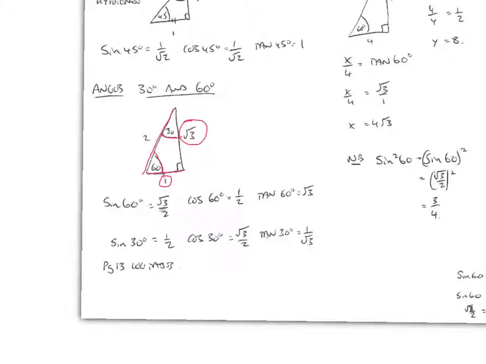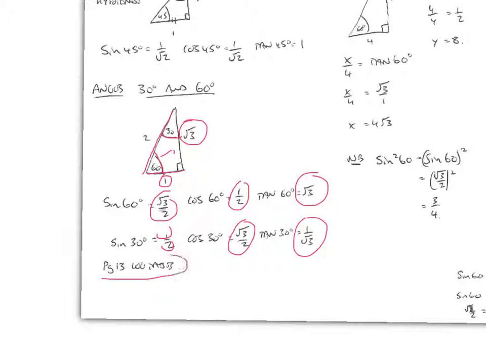And from this triangle, we can see that the sine of 60 is equal to the opposite over the hypotenuse, root 3 over 2. Cos of 60 is a half, tan of 60 is root 3. And the sine of 30 then is its opposite, 1, over the hypotenuse, 2. The cos of 30 is root 3 over 2. And the tan of 30 degrees is 1 over root 3.